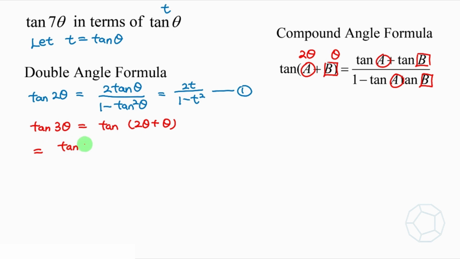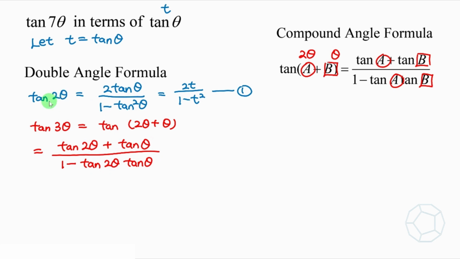So tangent 3 theta is equal to tangent 2 theta plus tangent theta over 1 minus tangent 2 theta times tangent theta.